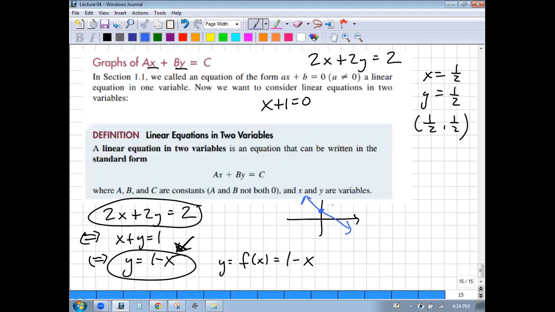If I pick any point on this line, like let's say this point right here is 1, 0, right? If I plugged in a 1 and a 0, 2 times 1 is 2 plus 0 is 2. So 1, 0 is also a solution to this thing, right? x equals 1, y equals 0. That's a solution. This is a solution. Both of these are solutions to this. There's an infinite number of them.